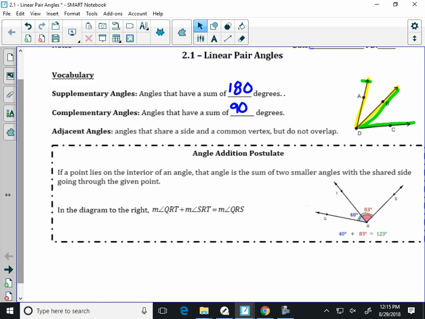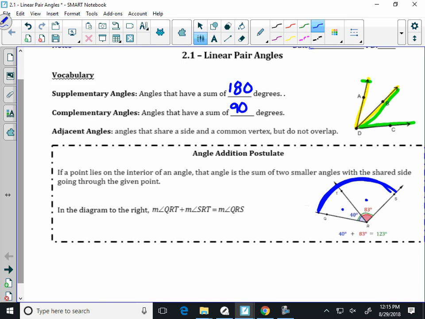In other words, you have 2 adjacent angles, and the measurement of the 2 adjacent angles, this and this, is equal to the big angle. So if you take this little angle, add it to 40, and add it to 83, the other adjacent angle, it's going to equal 123, which is the measure of that higher angle.